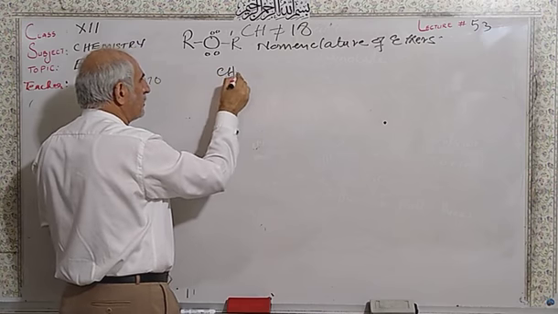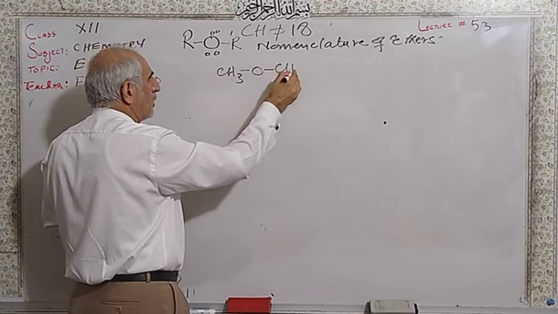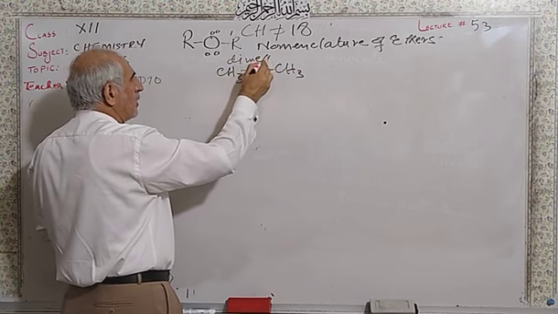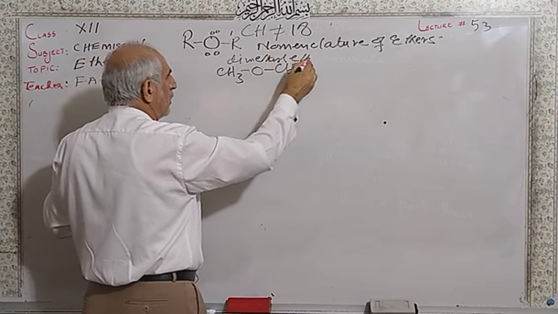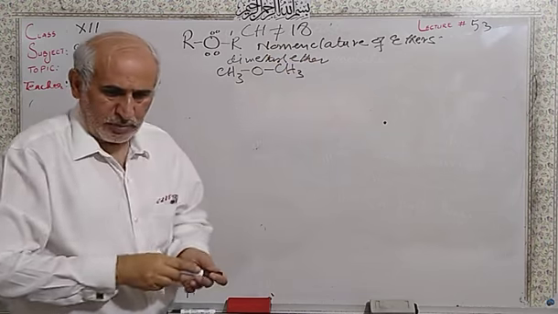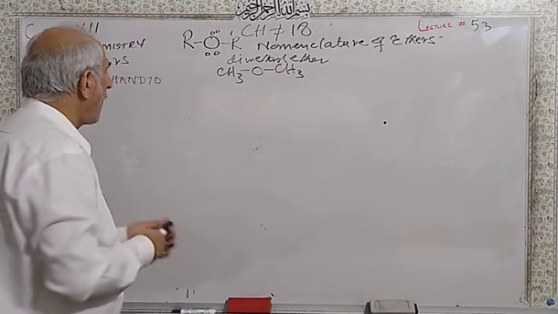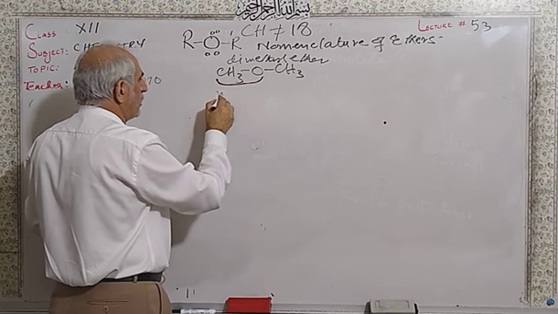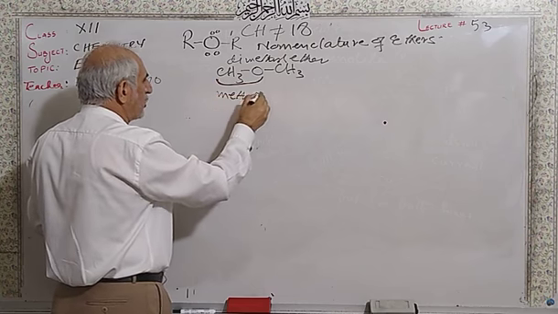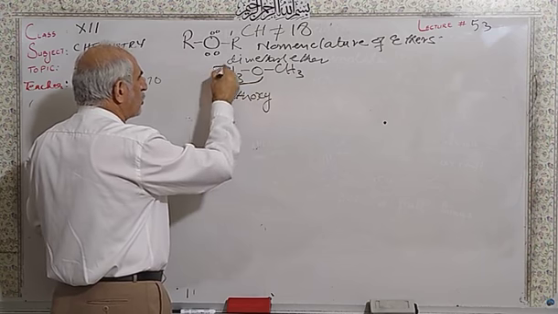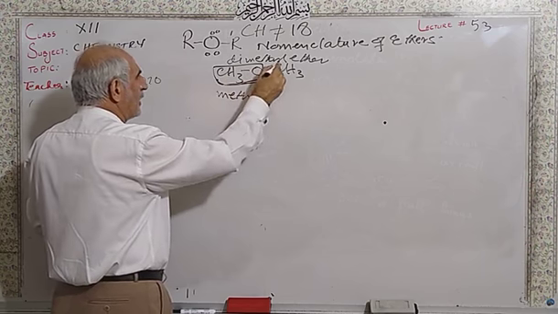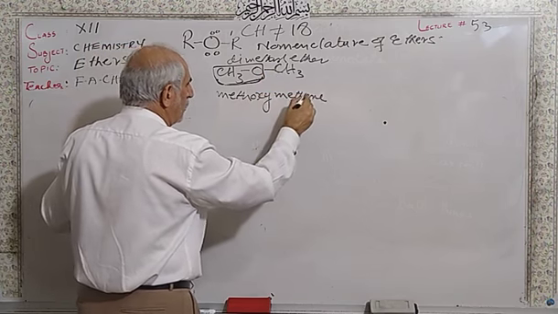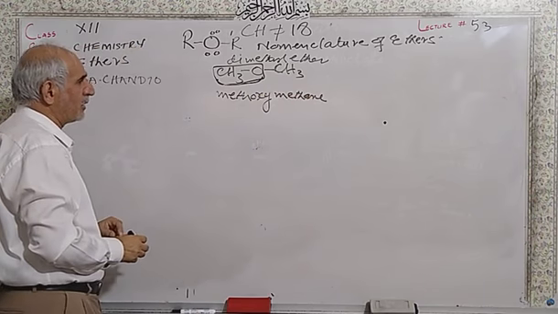So first one, this is dimethyl ether, and you connect here, this connects here, methoxy, one carbon single bond methane, methoxymethane.